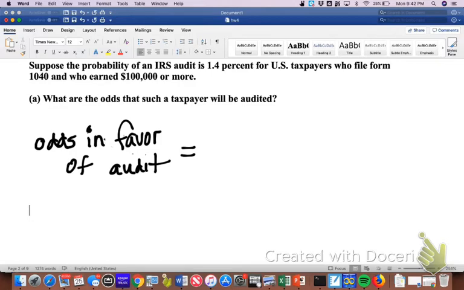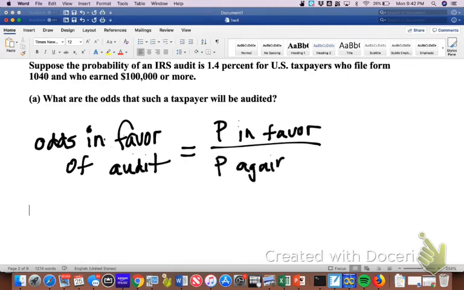Okay, so the odds in favor of an audit is the probability in favor of there being an audit divided by the probability against there being an audit. So the mathematical notation we used for that already, like I've already pointed this out to you, is the probability of A divided by the probability of A with the little tick mark.